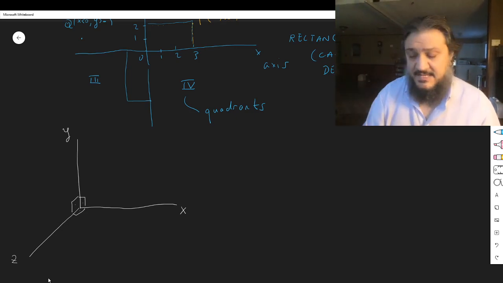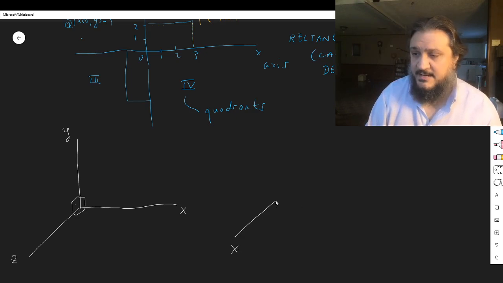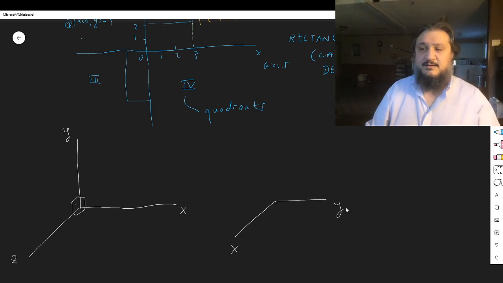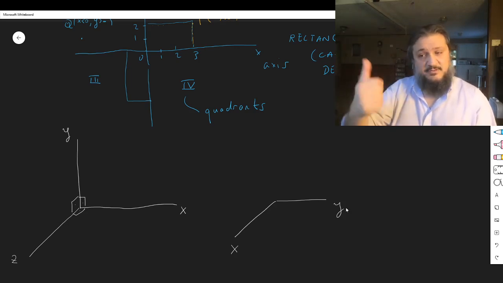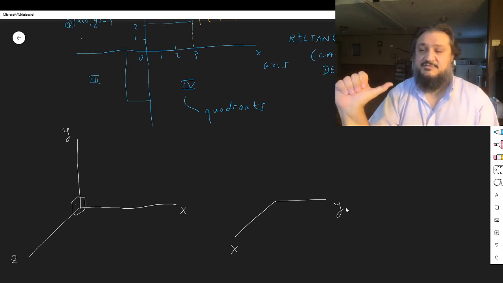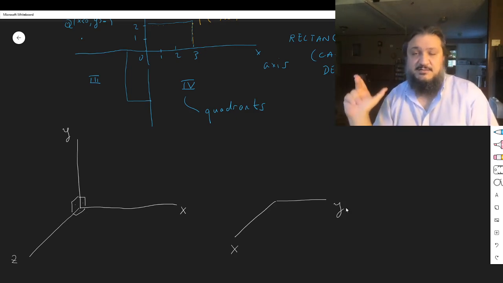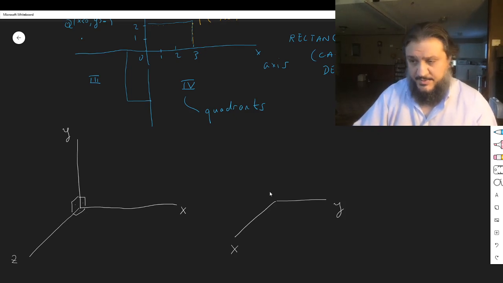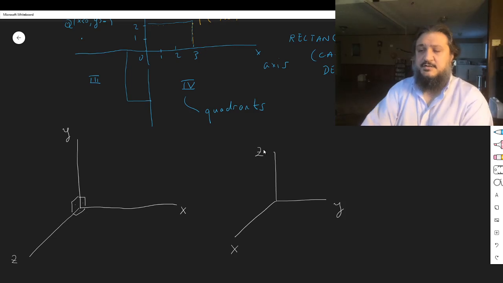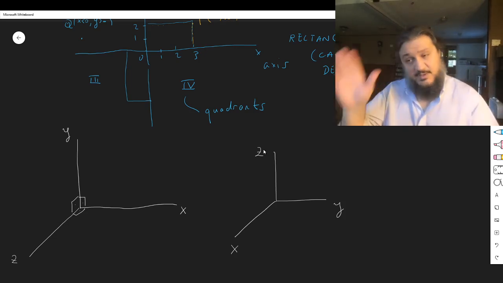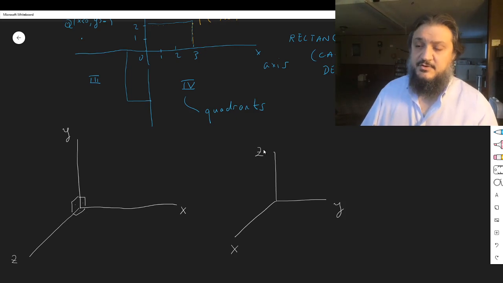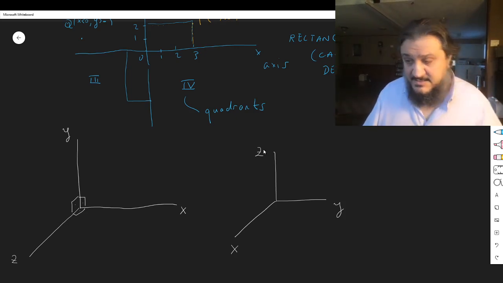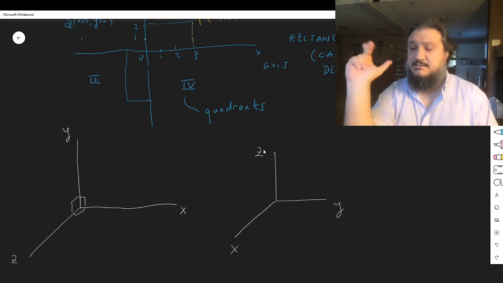That's how we determine Z. So if I start with an X here and Y there, which way is Z? Is it up or down? How do you find it? Use the right hand rule. Put X in this direction and Y in that direction, and Z points up. So you can use the right hand rule, not the left hand, but the right hand, to determine how to label these axes, X, Y, and Z.